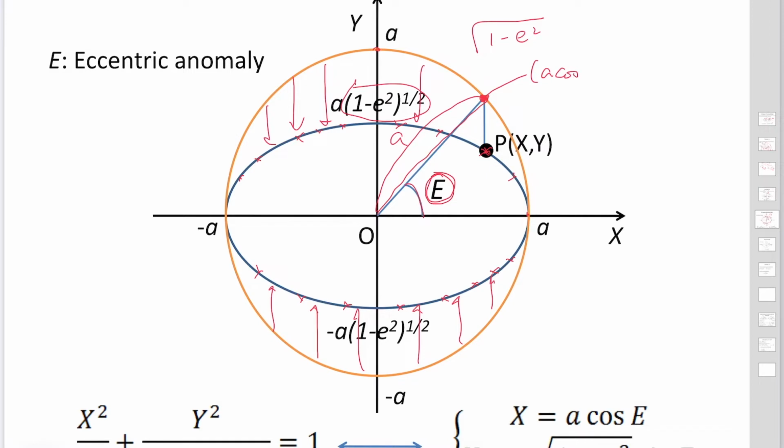A cosine E, A sine E. This is the y coordinate.